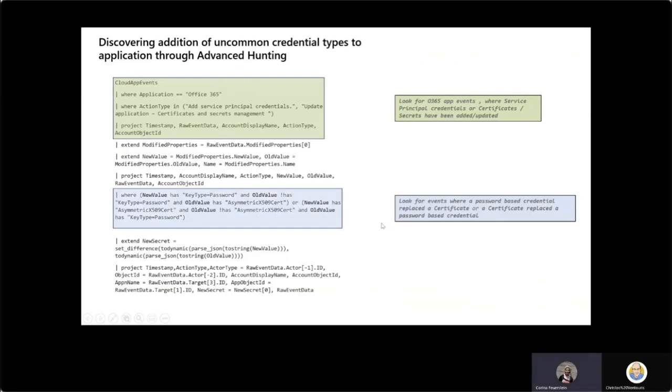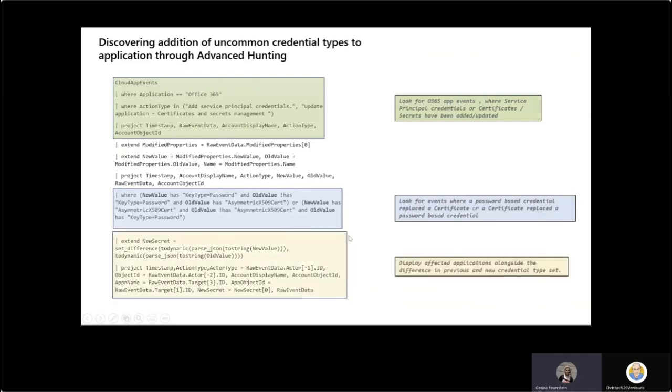And here we look for events where a password-based credential was replaced by a certificate, or a certificate replaced a password-based credential. And finally, we display the affected applications with the difference in previous and new credential type set.